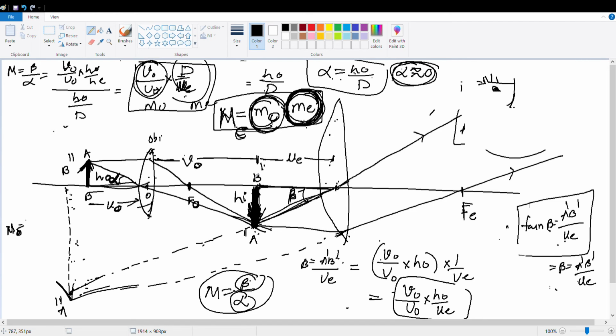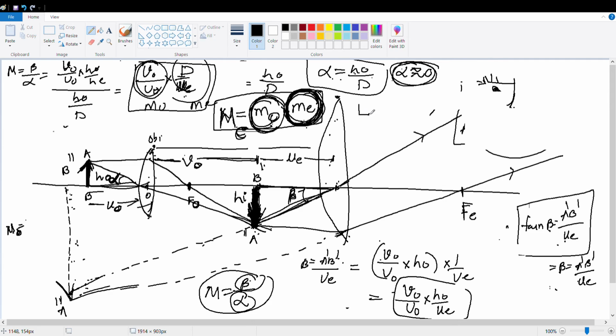Yes, sir. Now, if I ask you what is the length of the microscope, what should you tell? The length of the microscope will be from this lens till this lens. So the distance from here to here is VO. This is VO, this is UE.